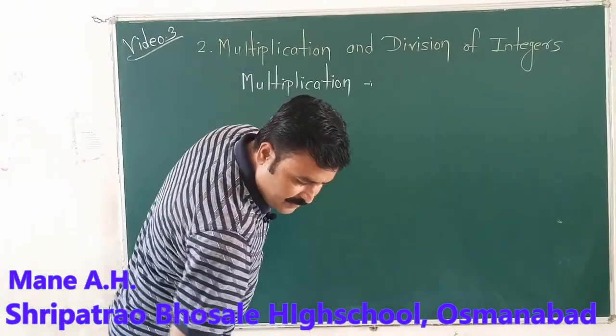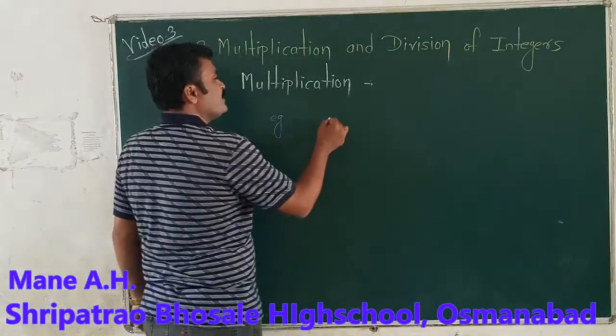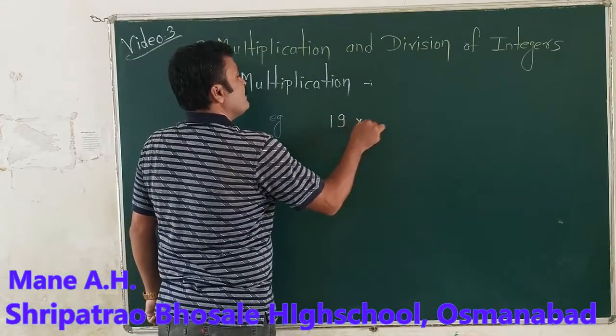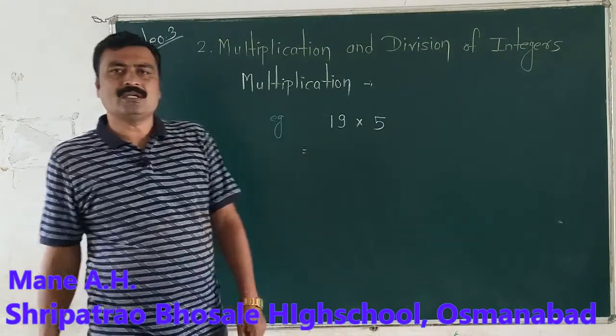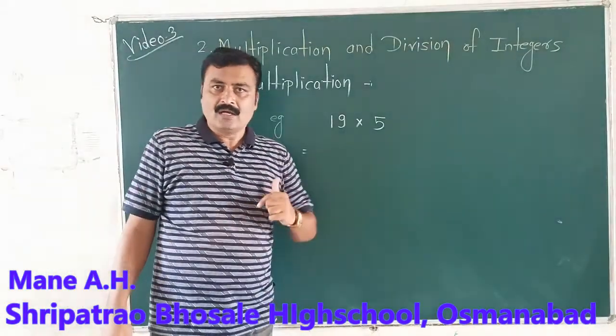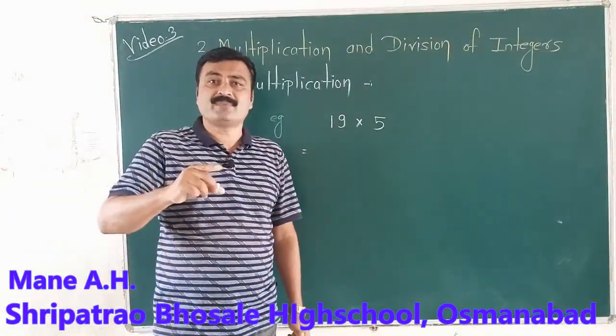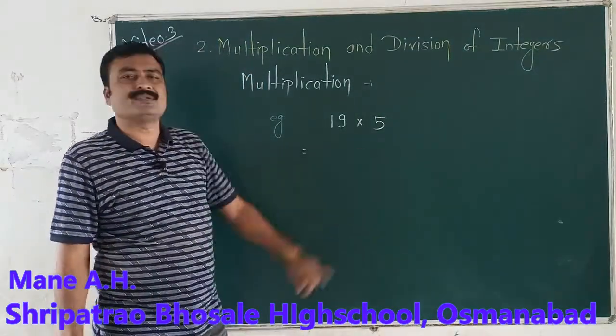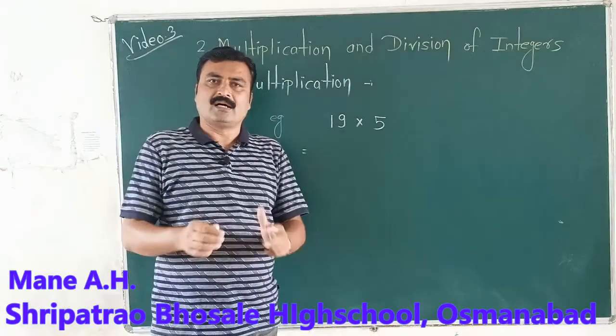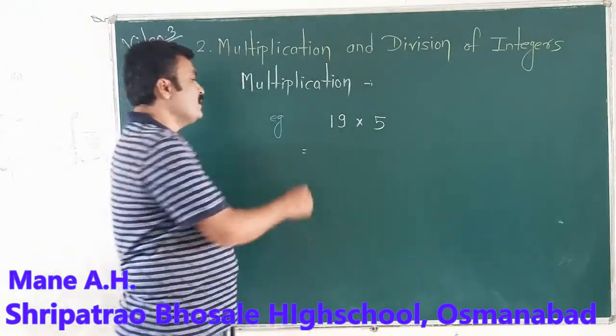Now let's take a simple example in front of you: 19 multiplied by 5. So 19 is our counting number, a whole number, and 5 is also a whole number. I am not coming into integers yet.